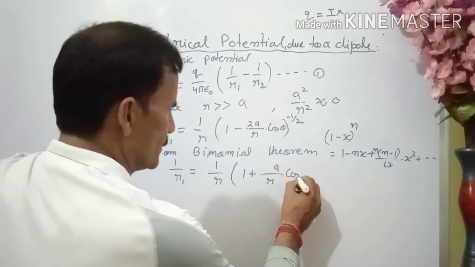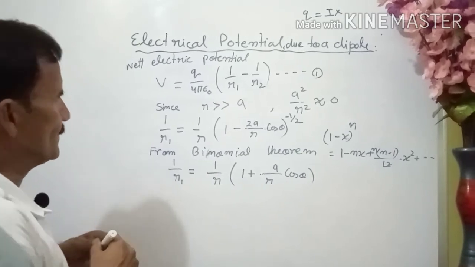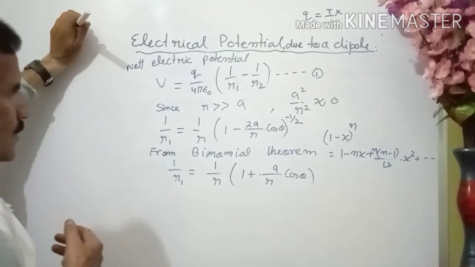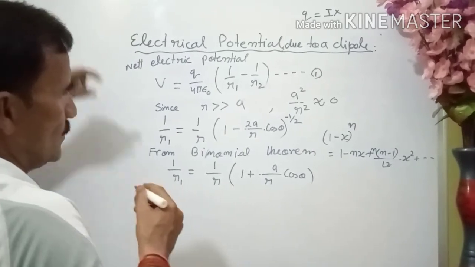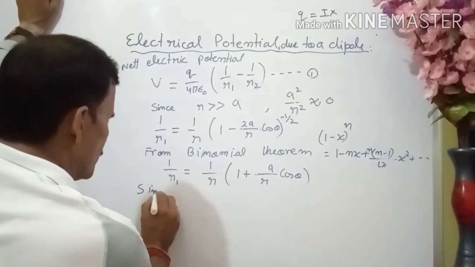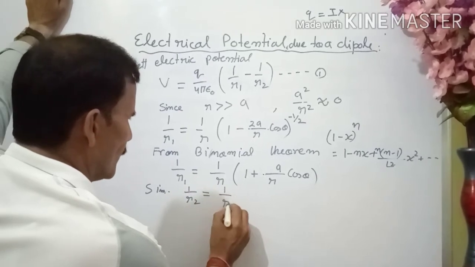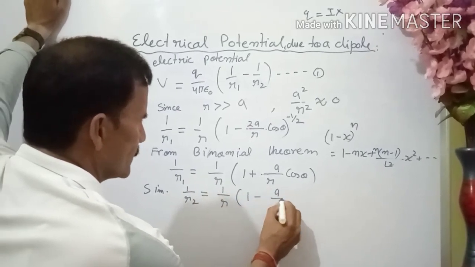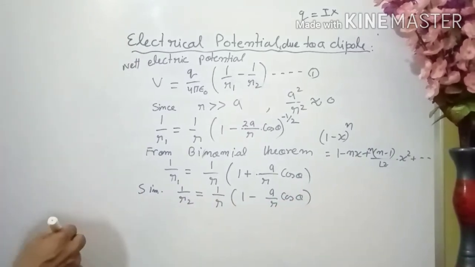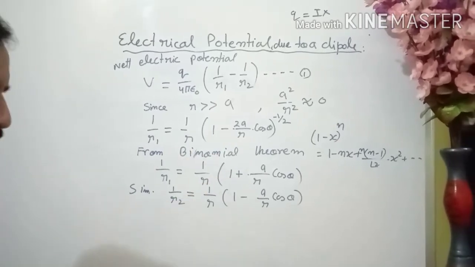So you are getting this. Similarly, you can get 1 upon r2 is equal to 1 upon r, 1 minus a upon r cos theta. Why minus? Because there was a plus sign, so here you will get minus.